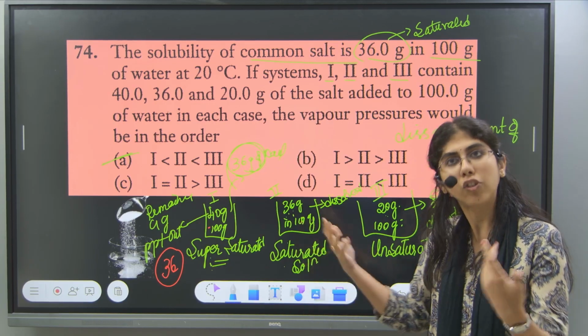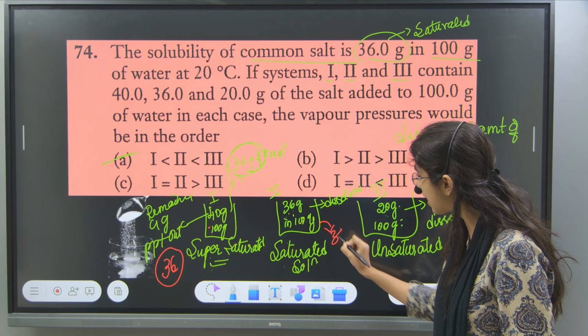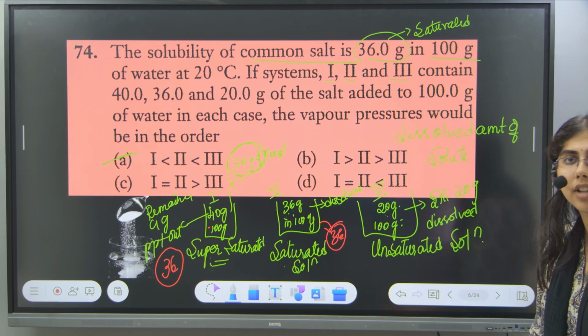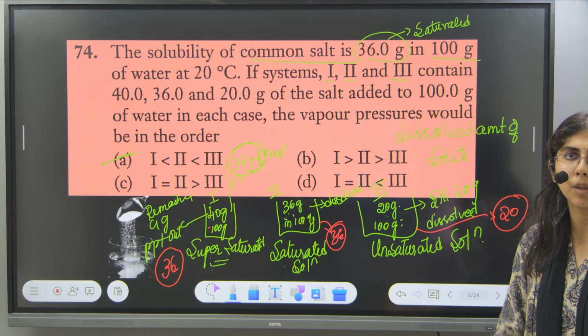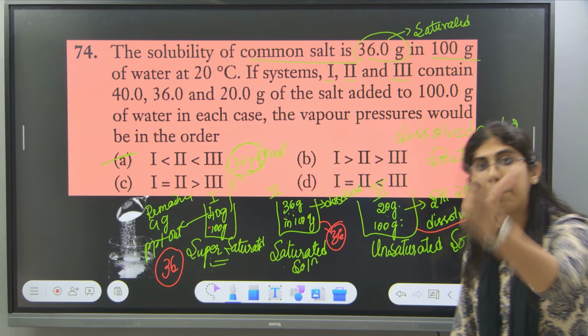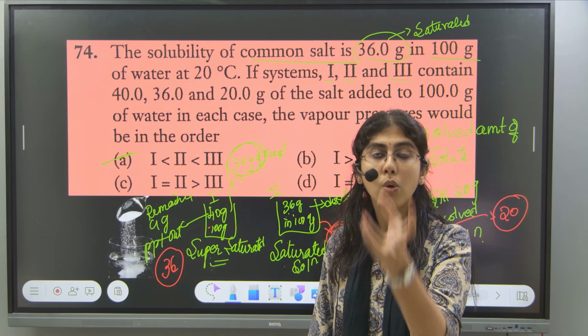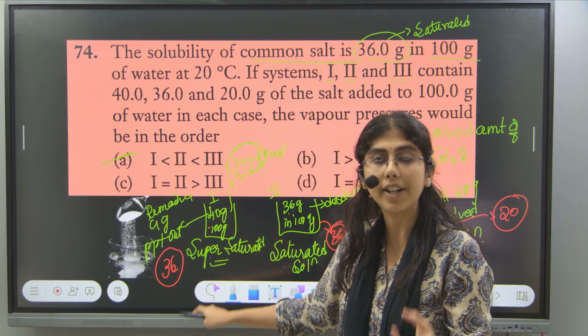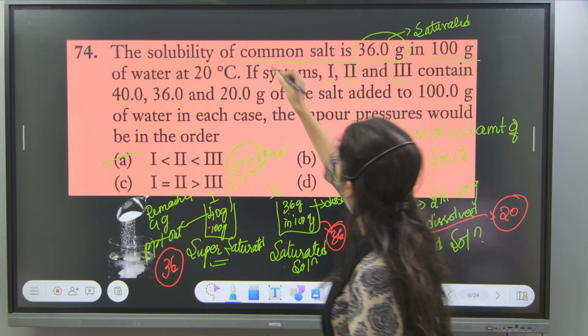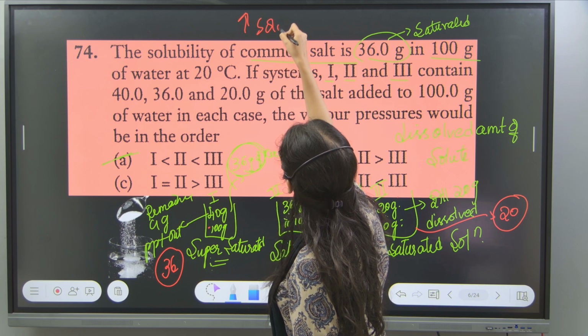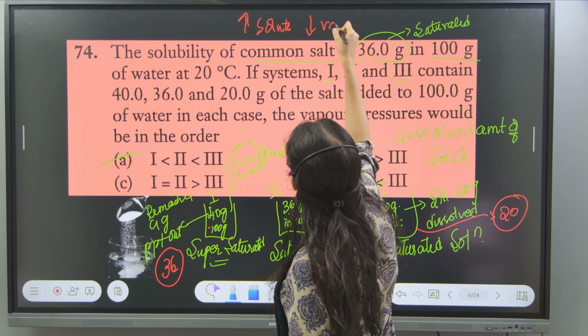In the second case, we already know we have 36 in soluble form. What about in the third case? 20 gram is in soluble form. And now you apply that. The more the dissolved non-volatile solute, the less the vapor pressure, right? More solute, less vapor pressure.